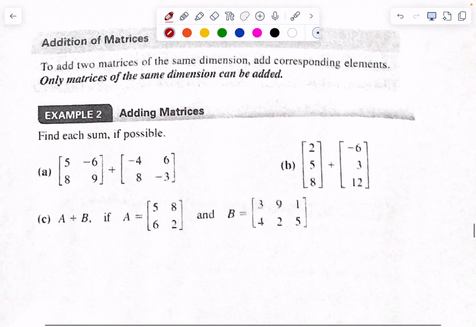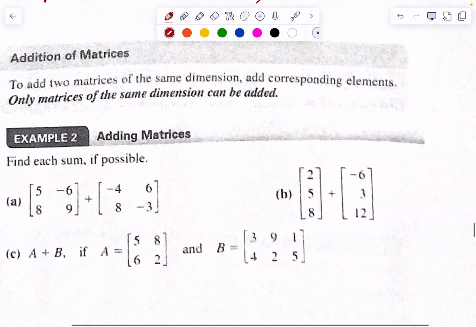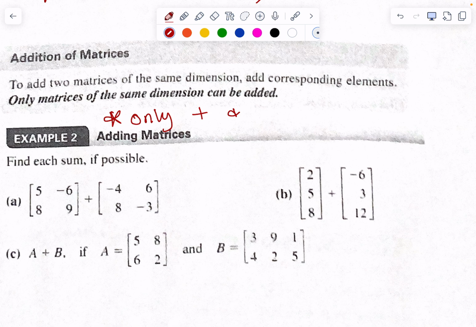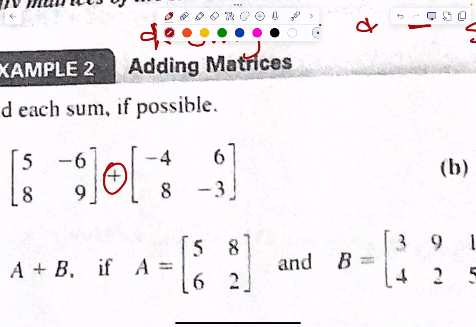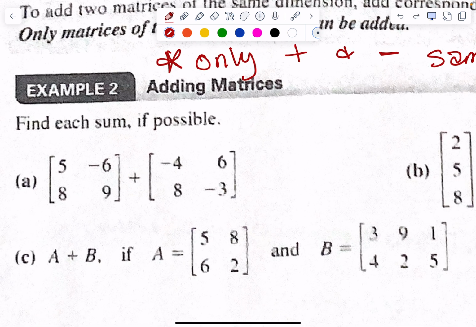Okay, now we're adding. You can only add and subtract matrices if they're the same size. So in A, they're asking us to add because there's a plus sign in between them. Can I add those two together? Yes, they are both 2x2s.